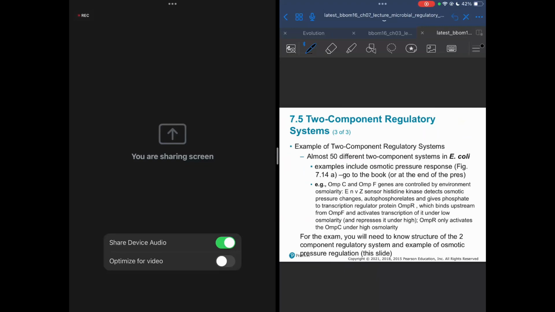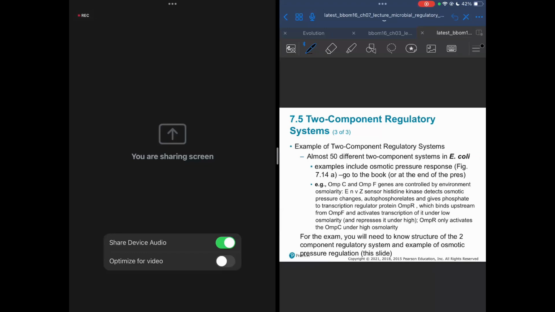OmpC and OmpF genes are controlled by environmental osmolarity. The EnvZ sensor histidine kinase detects osmotic pressure changes, autophosphorylates, and gives phosphates to the transcription regulatory protein OmpR, which binds upstream from OmpF and activates transcription under low osmolarity.